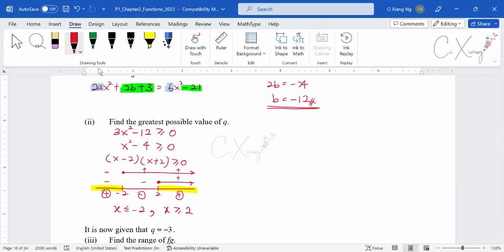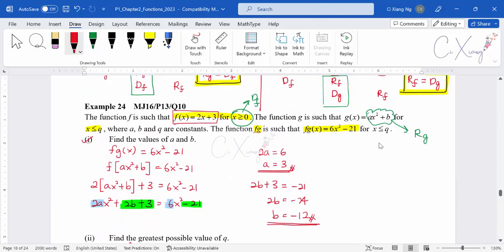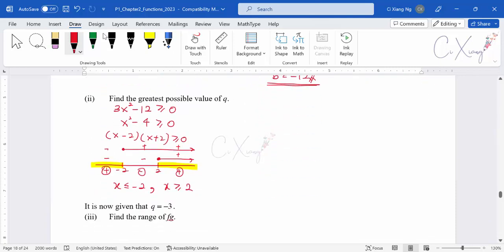Now how can I decide the final answer for the value of Q? The value of Q is the domain for Gx or the domain for fgx, right? Our domain is x smaller than or equal to Q. So what we need to do is compare x smaller than or equal to Q with the values of x that we got.